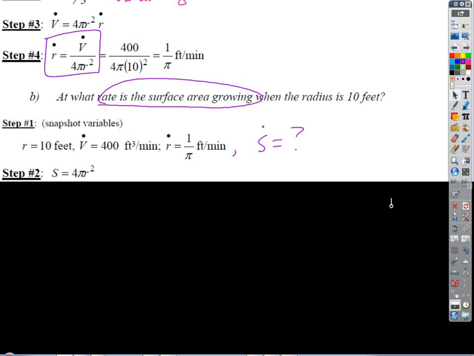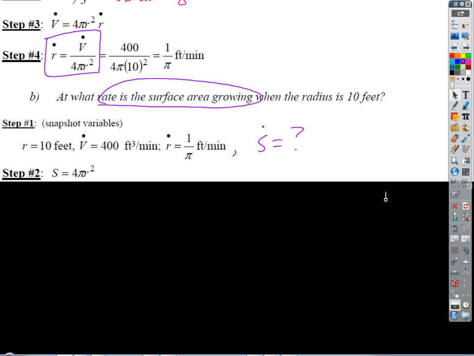Okay. How do we know that's a good one? Well, that's a good one because I have information about r dot and r, and I'm looking for S dot, right? So what do I do with the parent equation? Yeah, I'm going to implicitly differentiate with respect to time. So I'm going to relate the rates. So on the left side, what do I get if I differentiate with respect to t?